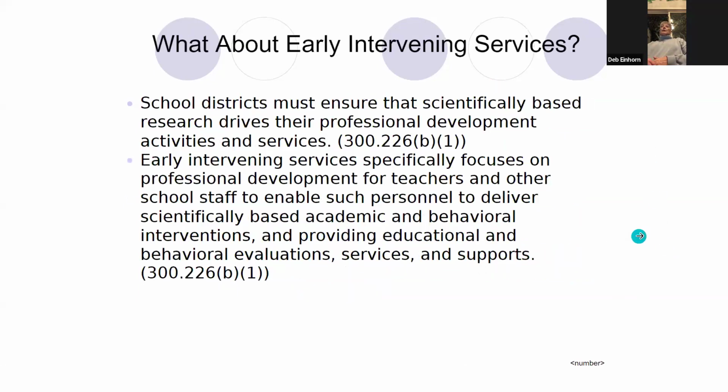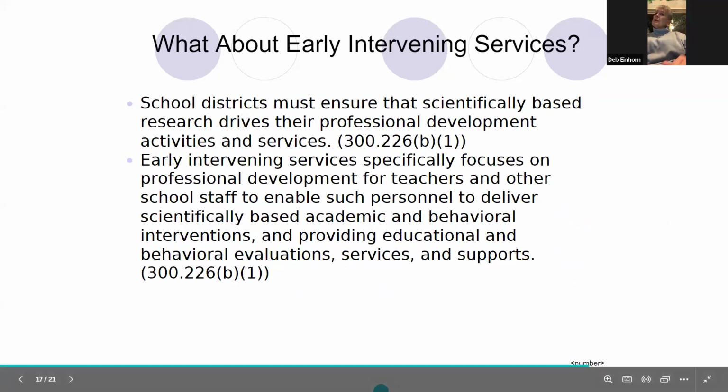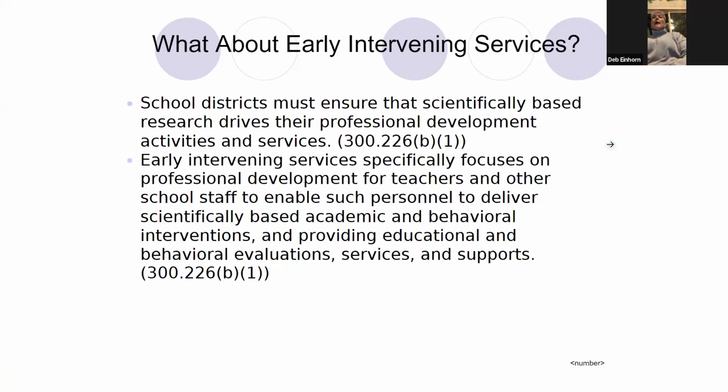So what about early intervening services? Early intervening services are typically going to be found in RTI, or multi-tiered systems of support. I'm not sure whether you had that session yet during your Compass training, but if you haven't, you'll be talking about those things.